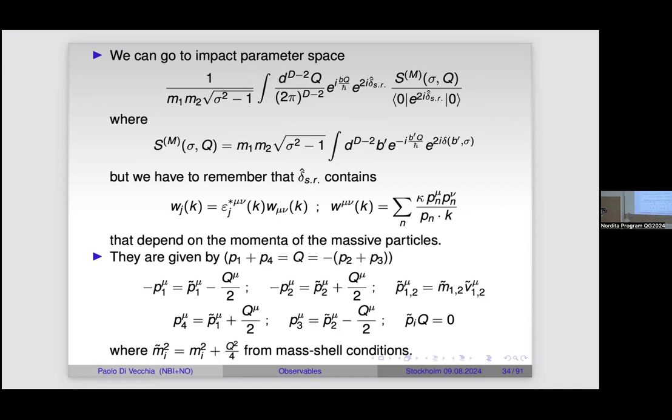Then you can go to impact parameter space, and you have to remember that this quantity W contains the momenta of the particles. They are related in this way, but rather than use P1 and P2, I use P1 tilde, P2 tilde.